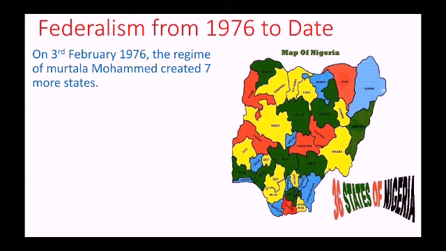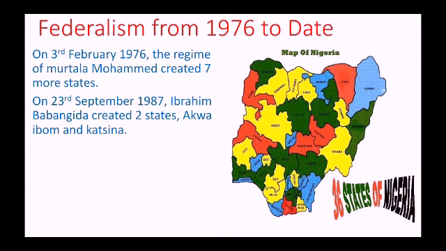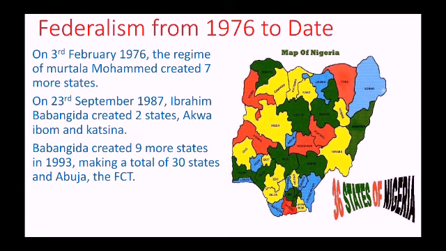There was creation of more states in Nigeria. And beyond that, on the 23rd September 1987, Ibrahim Babangida created 2 states, and these states were Akwa Ibom and Katsina. Babangida created 9 more states in 1993, making a total of 30 states, and Abuja the Federal Capital Territory.